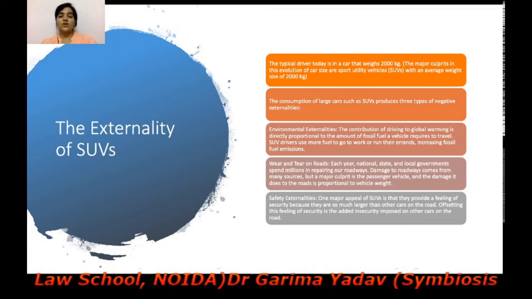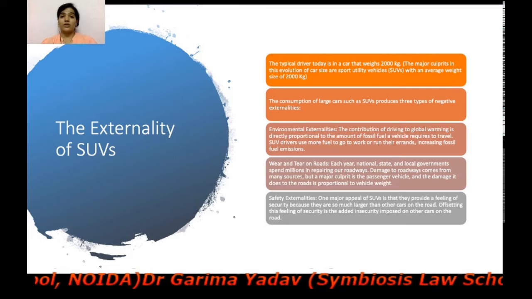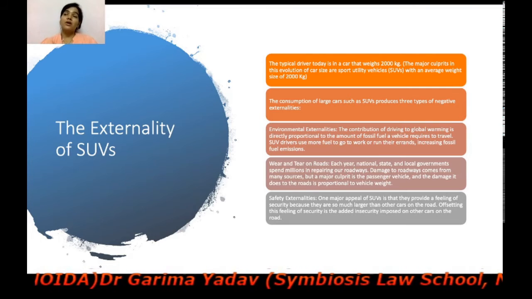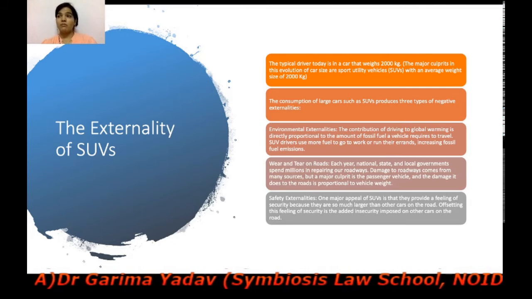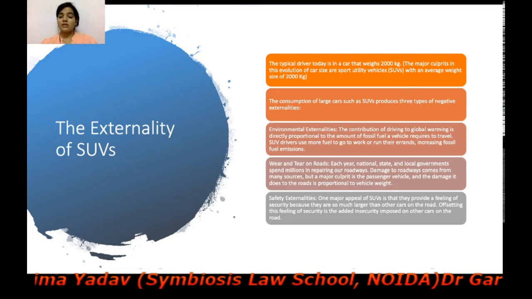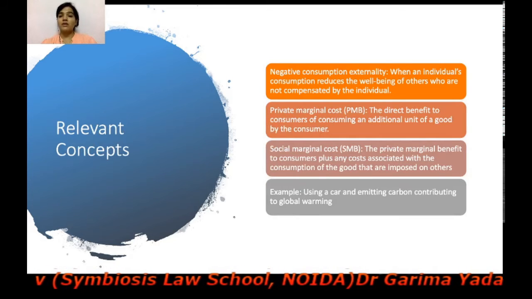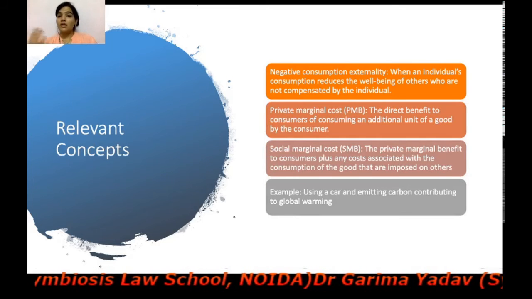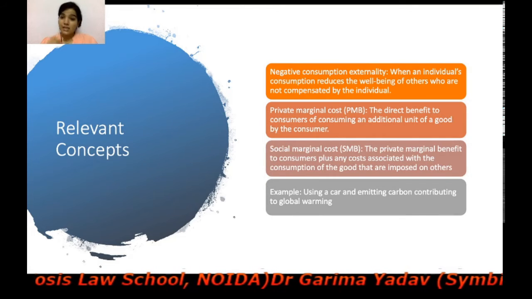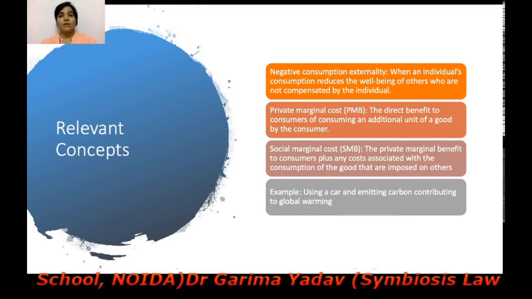Offsetting this feeling of security is the added insecurity imposed on other cars on the road. So it is not about the security that is being felt by the SUV driver, but about the insecurity that is being felt by others. I hope through this example we can understand the concept of negative consumption externality, where an individual's consumption, so an SUV driver's driving of the SUV, is reducing the well-being of others.